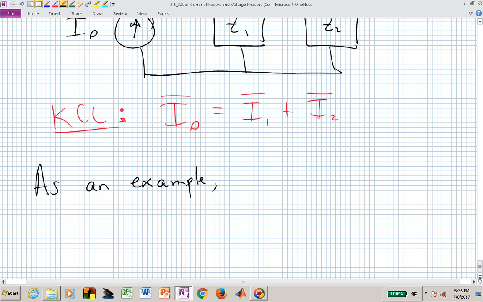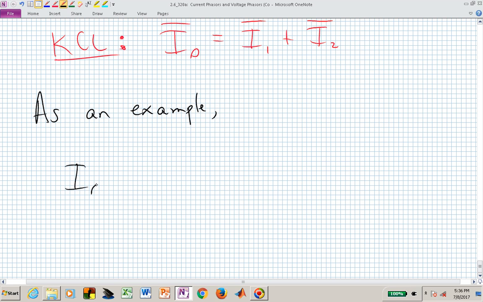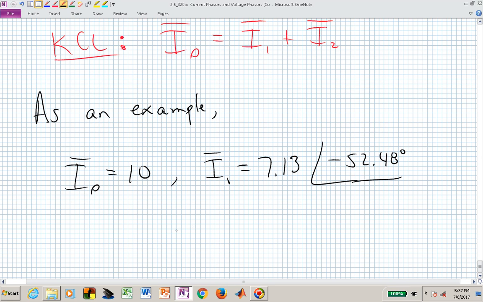As an example, if we said that I sub s was 10, I sub 1 could be 7.13 at an angle of minus 52.48 degrees, and I sub 2 could be 8 at an angle of 45 degrees.